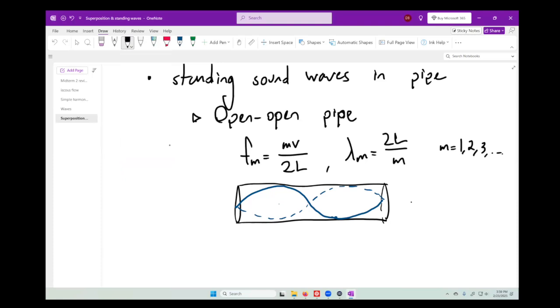So this would be like m equals 2 because we have two antinodes, right?